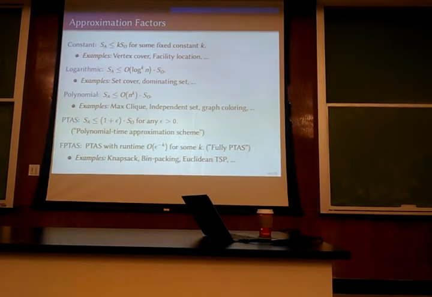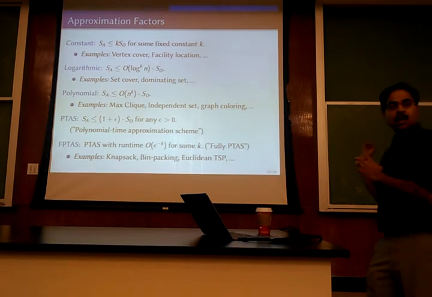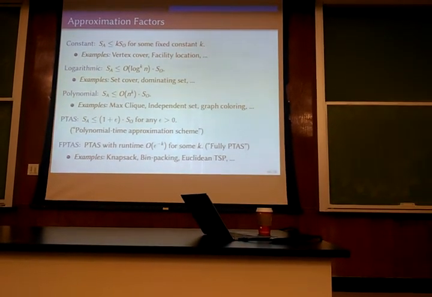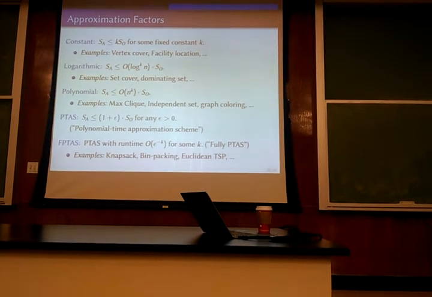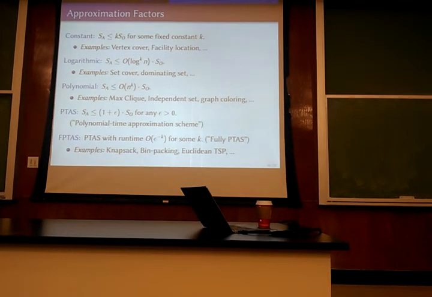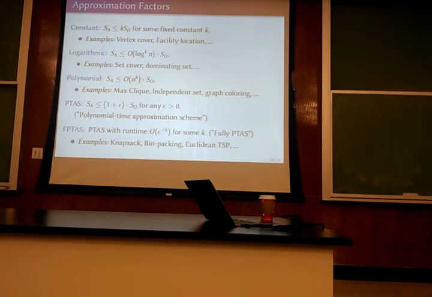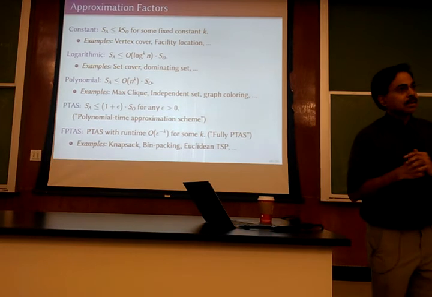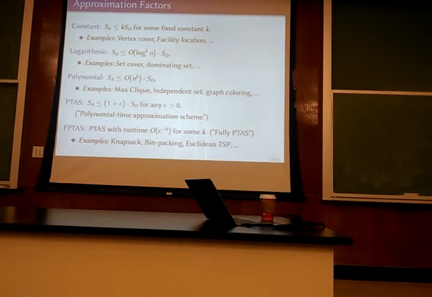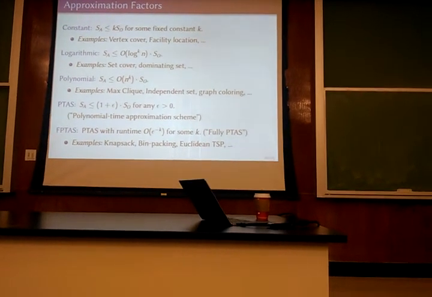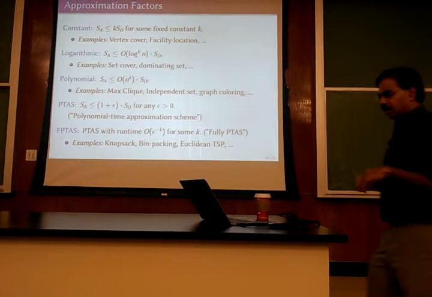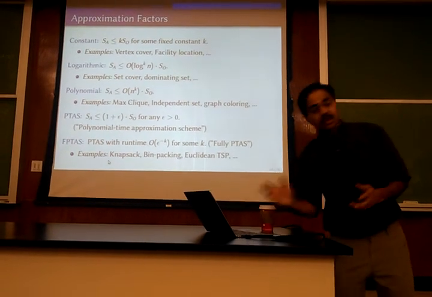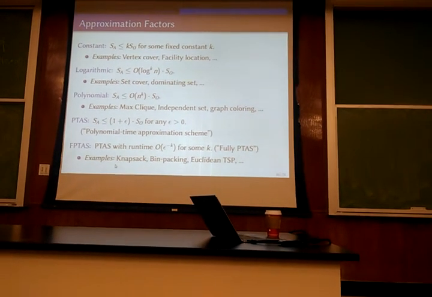Right? And since many of these problems have exponential complexity, very often you're working with n that are not incredibly large. As such, if you have something whose runtime increases by this factor, it may not be too bad. So theoreticians very much like these fully polynomial time approximation schemes.